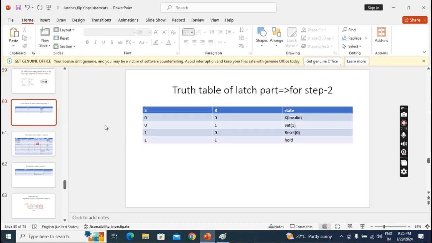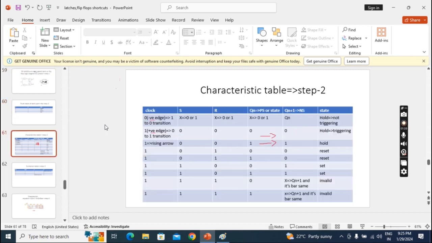Okay. This is the latch part truth table. This is the characteristic table. Here there is only one difference. So here this 0 means negative edge. It means it is changing from 1 to 0 transition. And here 1 means positive edge, so it is changing from 0 to 1 transition.